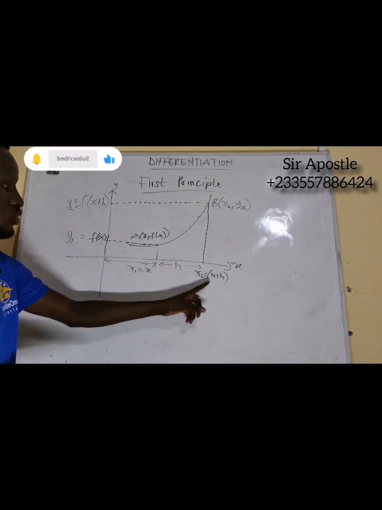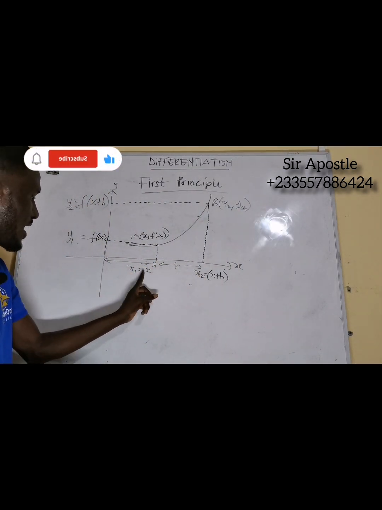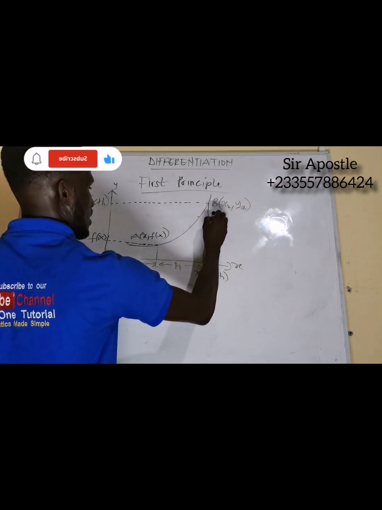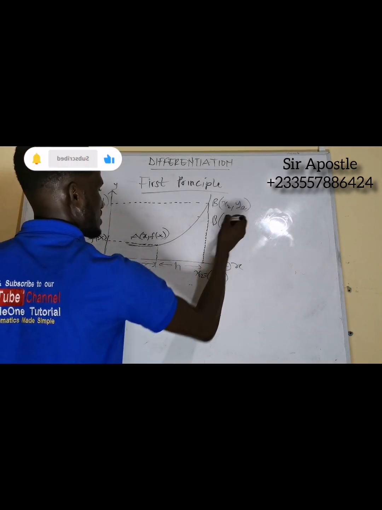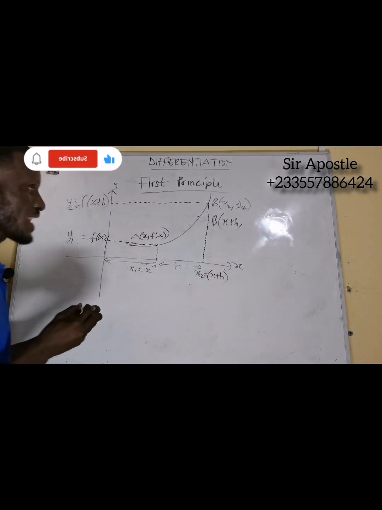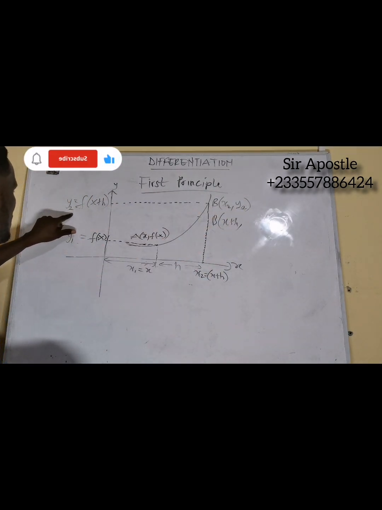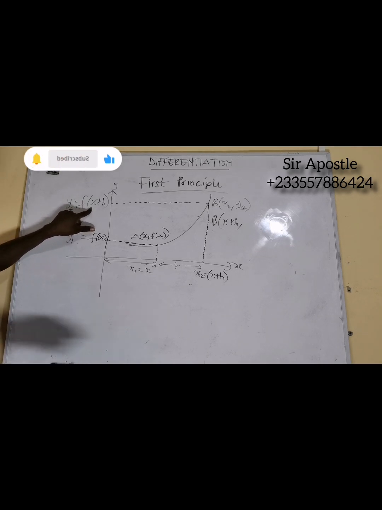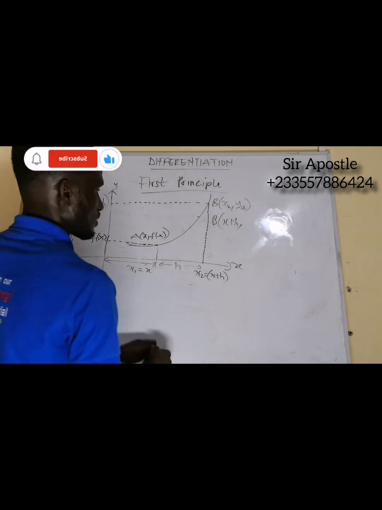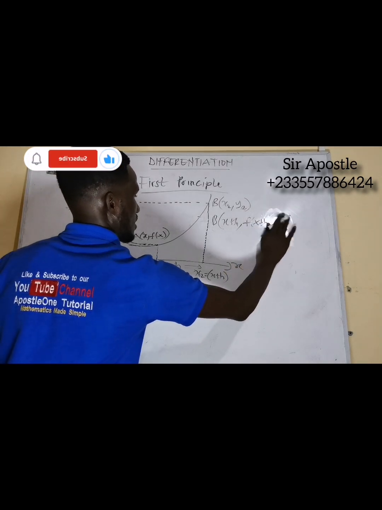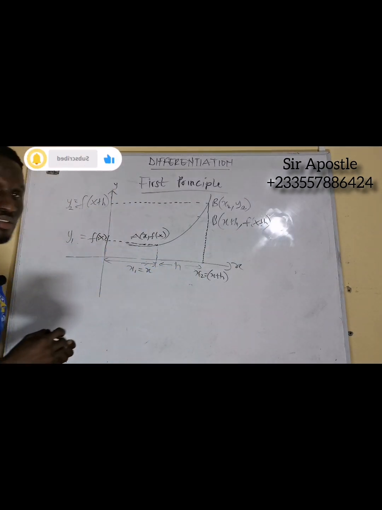Now, what is our x2? Our x2 is from here to here, which is x plus h. So our B will be x2, which is x plus h. And then our y2. What is our y2? y2 is the same as f into bracket x plus h. That is f into bracket x plus h, right?